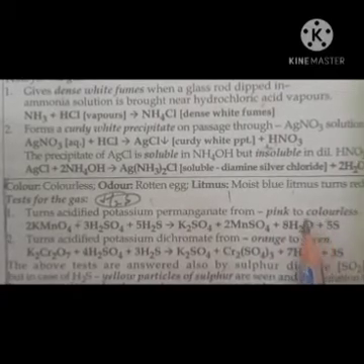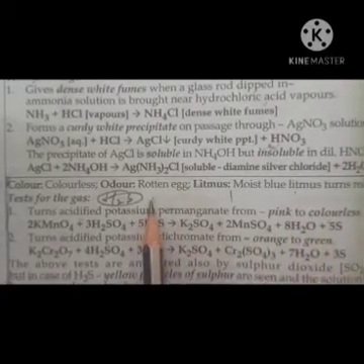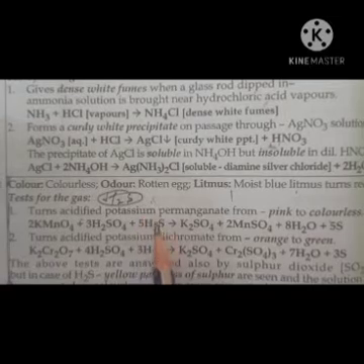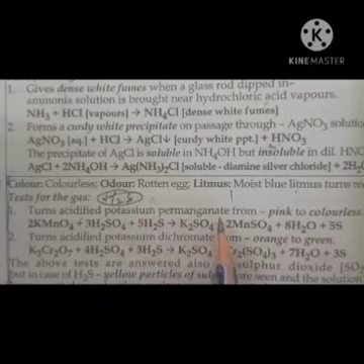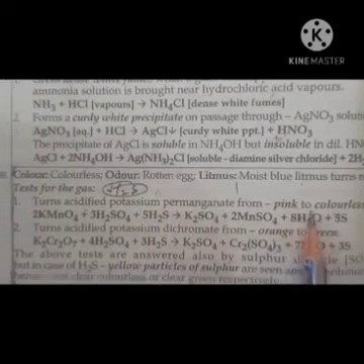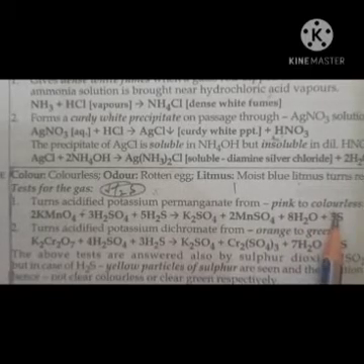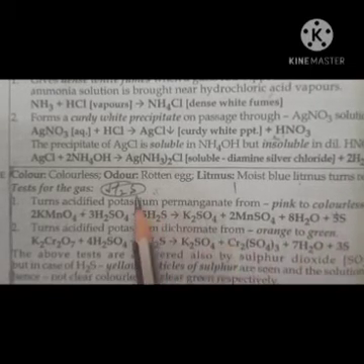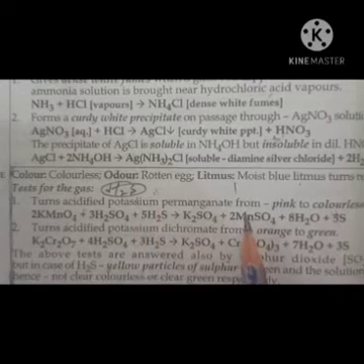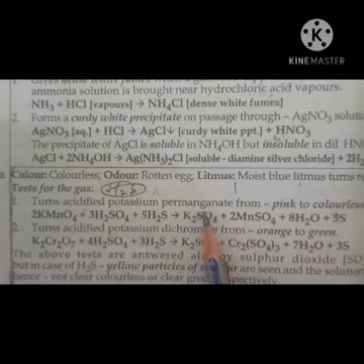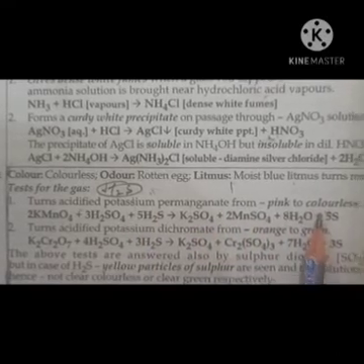Just remember, sulfur dioxide gas also turns acidified potassium permanganate solution from pink to clear colorless. But in case of hydrogen sulfide, it turns pink potassium permanganate solution to colorless.